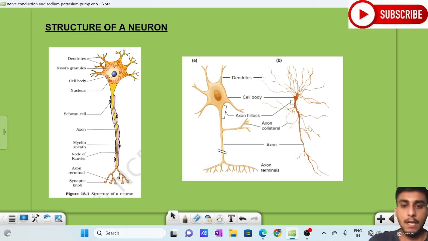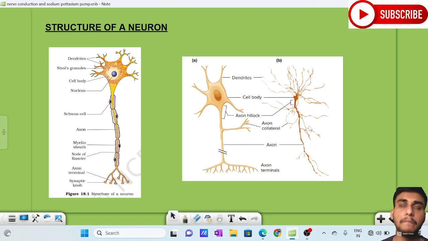So going to the structure of a neuron, what is actually a neuron? A neuron is a unit of the nervous system which helps in the transmission of a signal. So a nerve is a functional unit of the nervous system. A nerve is a nerve cell. We have studied cell structure in cell biology.